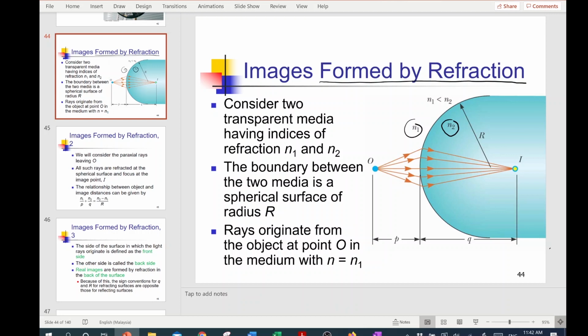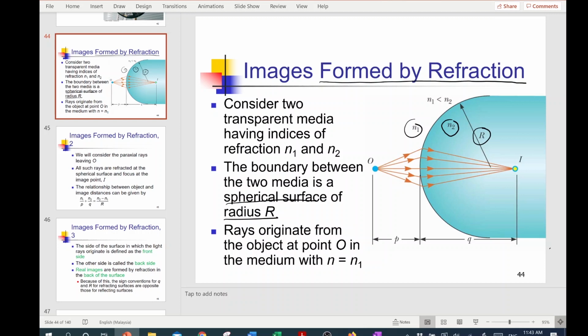If they have a boundary between them, and the boundary between these two media is in the form of a spherical surface with radius r, this is the radius, it has a spherical kind of shape.